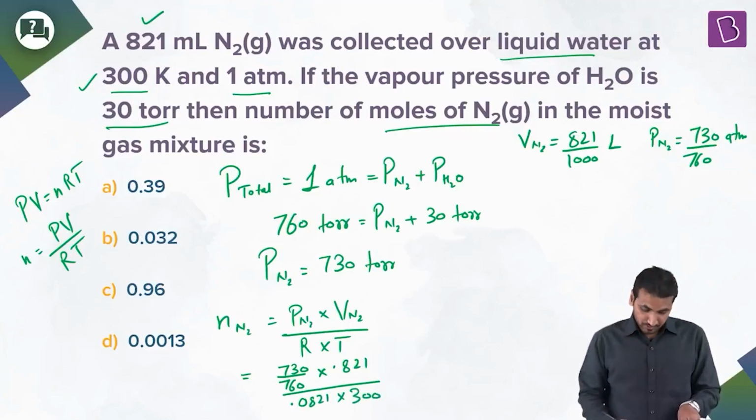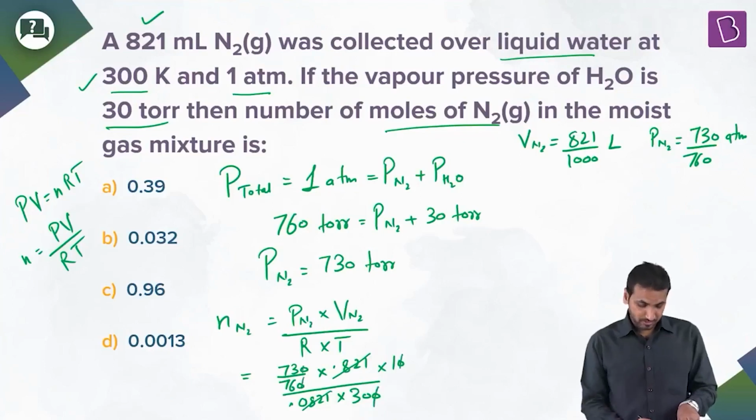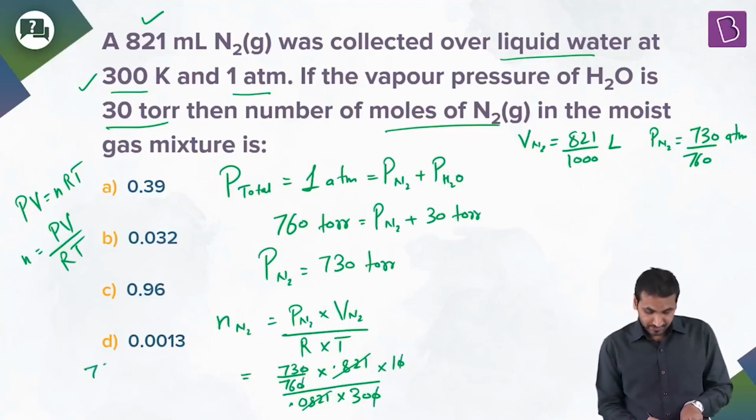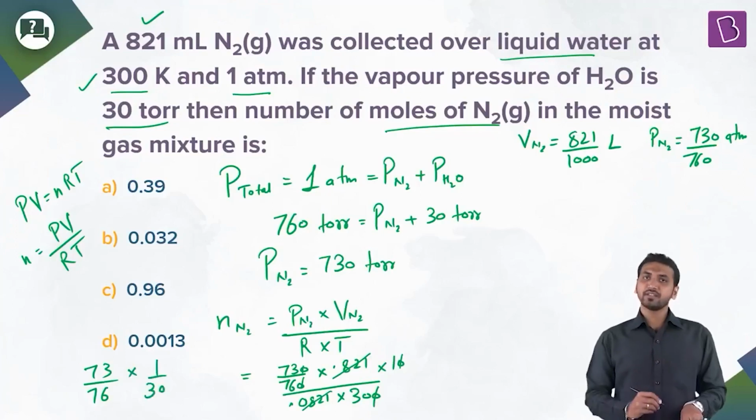If you solve this, 821 cancels with 821, the 10 over here cancels with the 0 in 300. What you are left with is 73 by 76 into 1 by 30, right?